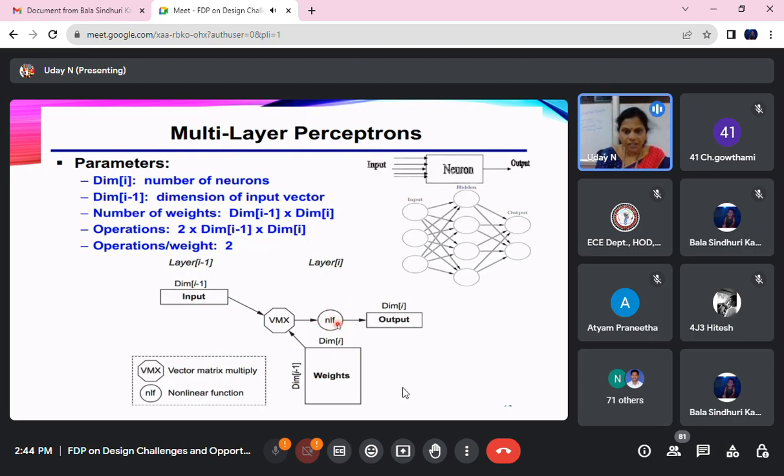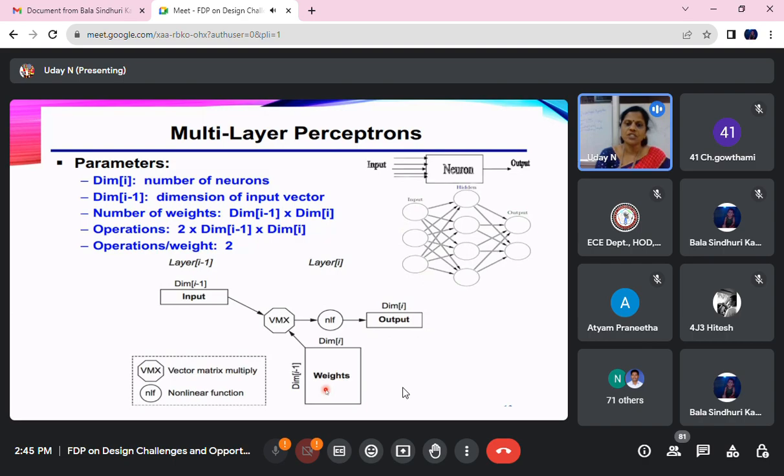So the next processing unit is the non-linear activation function, which should be stored in a register. Here you should have a digital subsystem to store the input vectors, a register, and to store the output you require a register.